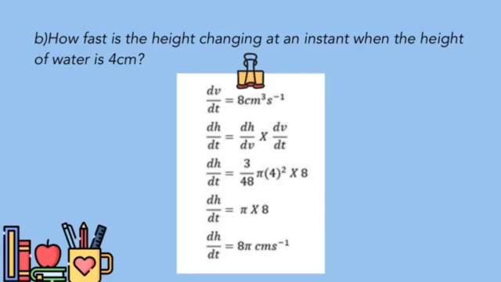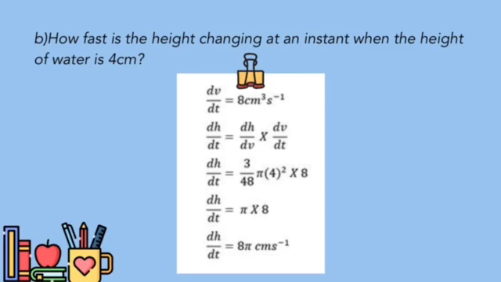To find dh over dt, we have to figure out dh over dV, which we do by differentiating the volume. So dV over dh equals 3 over 48 times pi times h squared.